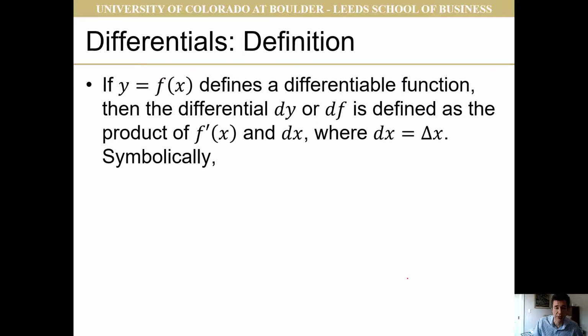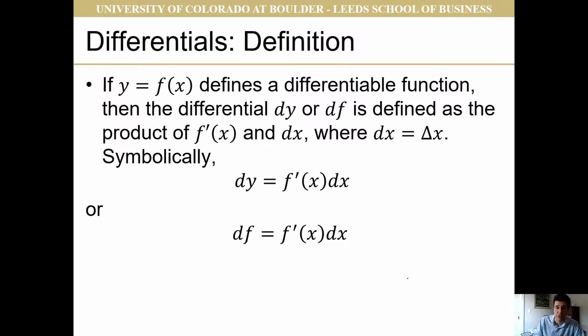So now we define differentials. If y equals f of x is a differentiable function, it has a derivative, then the differential dy, or df in this case, is defined as the product of f prime of x and dx, where dx is equal to delta x. So symbolically, dy equals f prime of x dx, or df equals f prime of x dx.